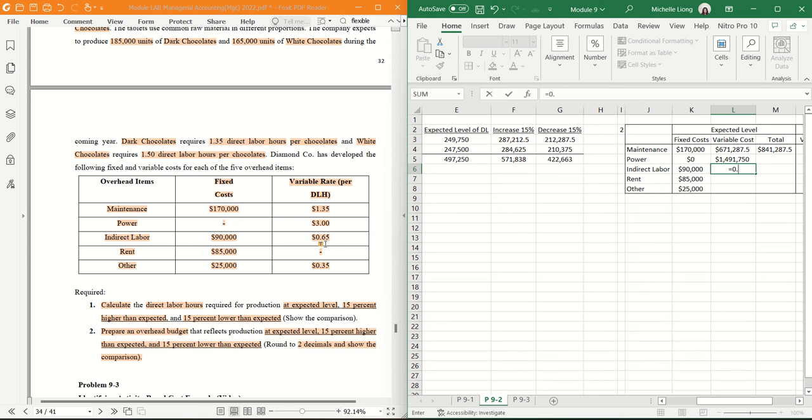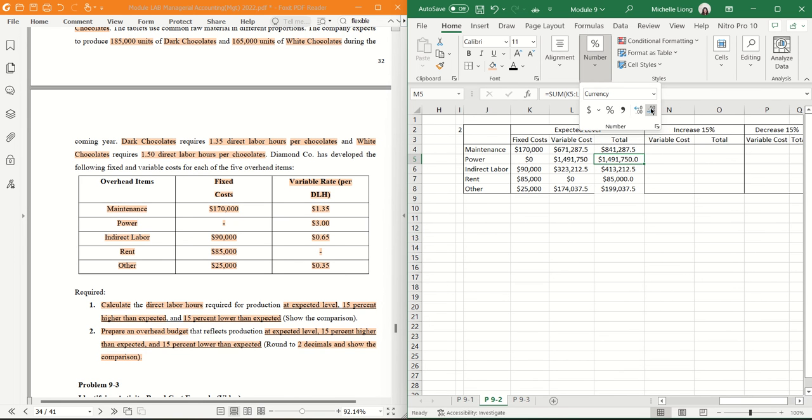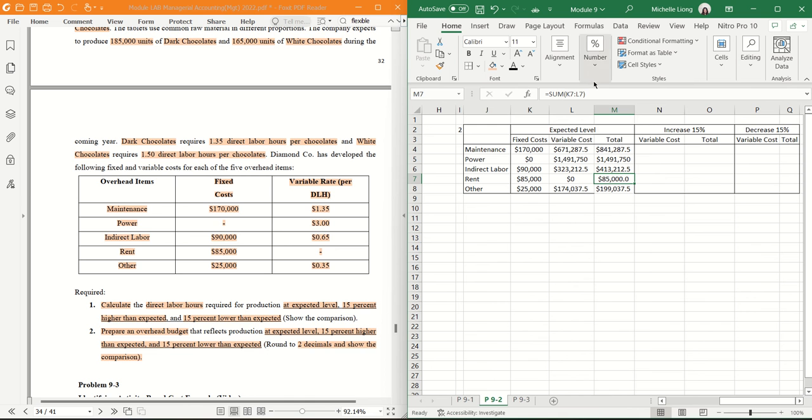Indirect labor, 0.65 times your total. Rent is 0, so 0 times this. And other is 0.35 times your DL. Okay, and right here we can drag down. I just need to add them, and it's done.